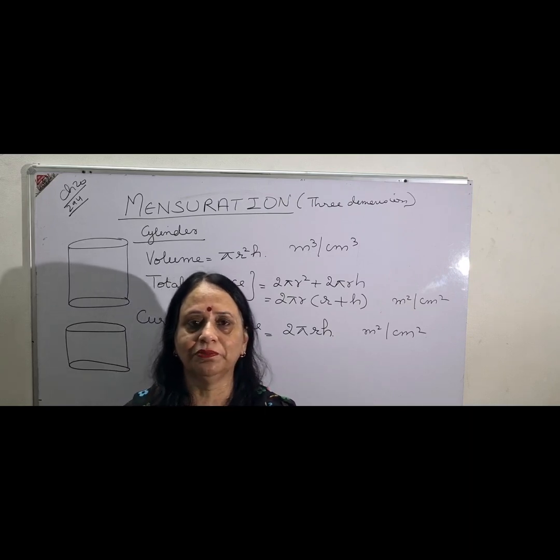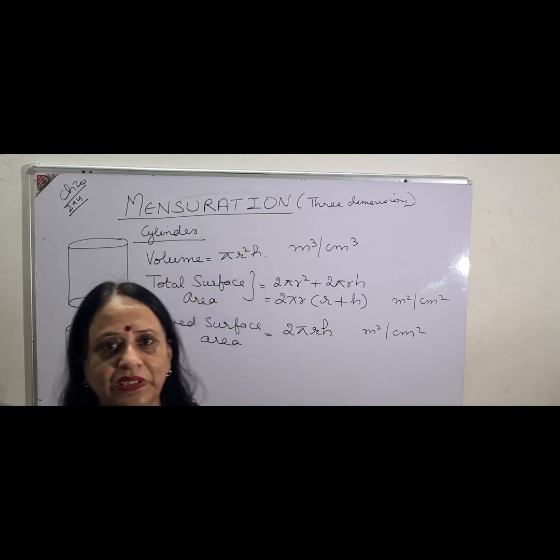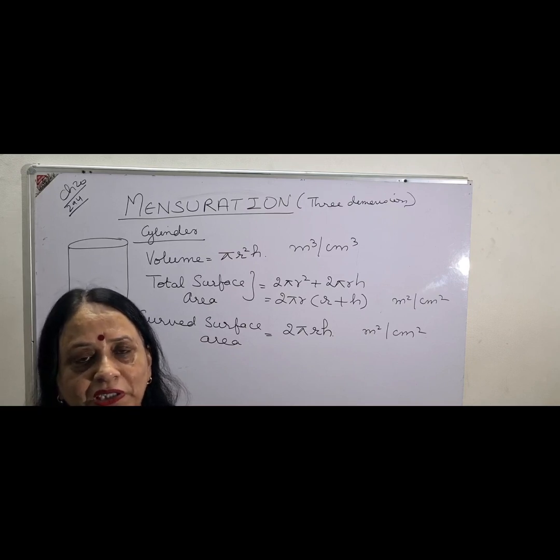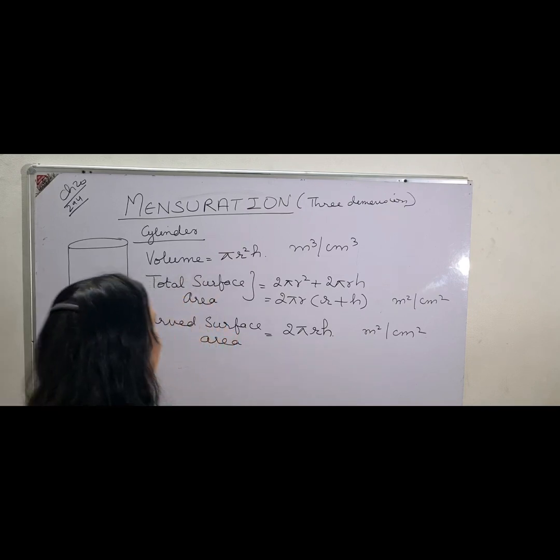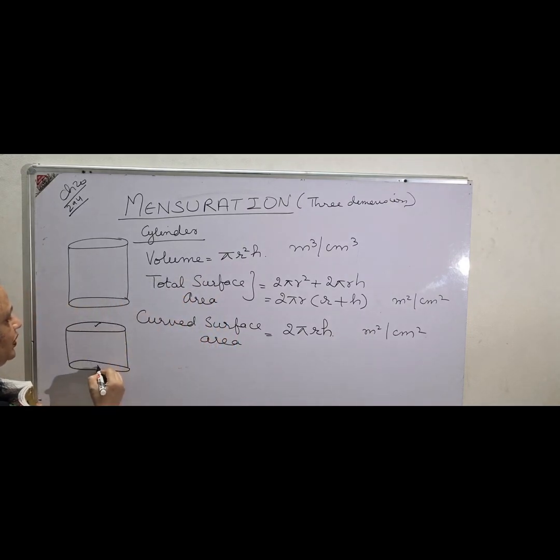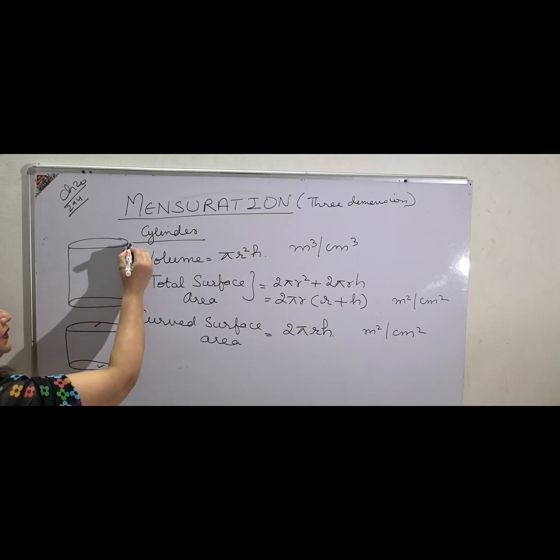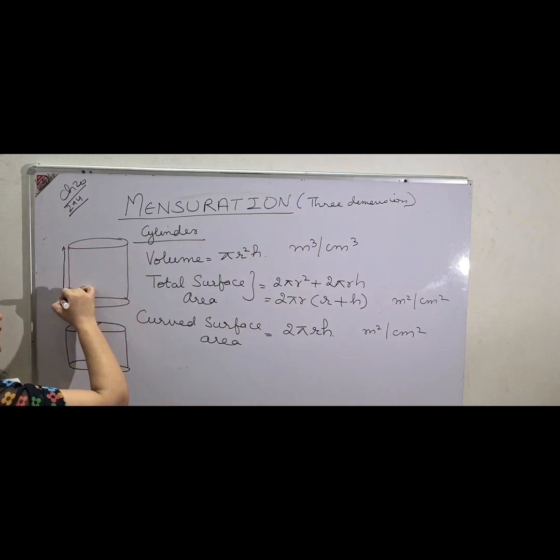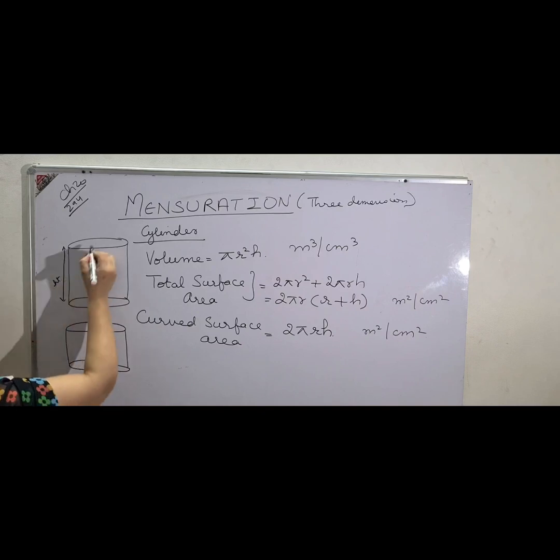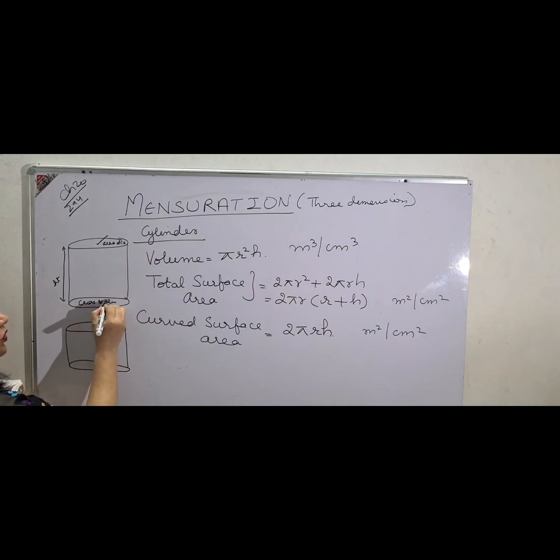So 3 dimension means a cylinder which has area of cross section into height. Area of cross section means these two surfaces, and this is said to be height. And these are the areas of cross section. Cross section is not a new word for you.